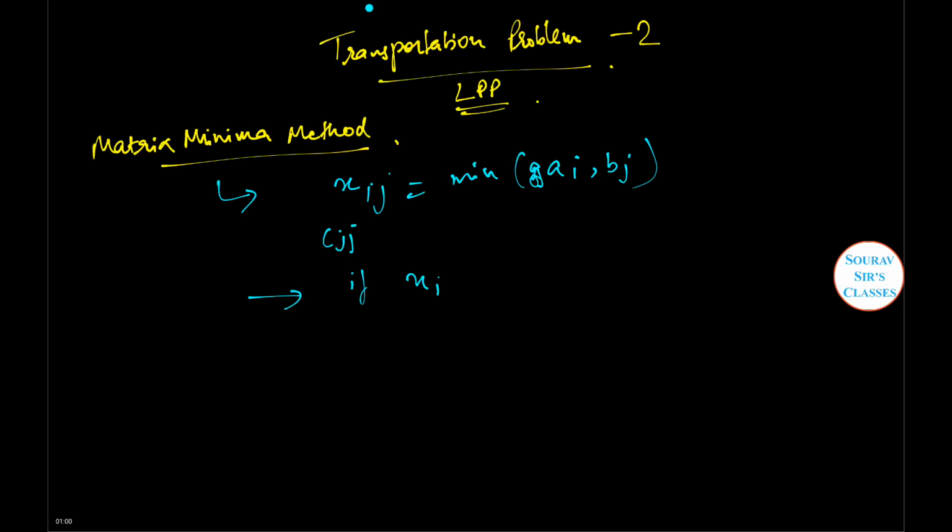If Xij is equal to Ai, cross off the ith row.